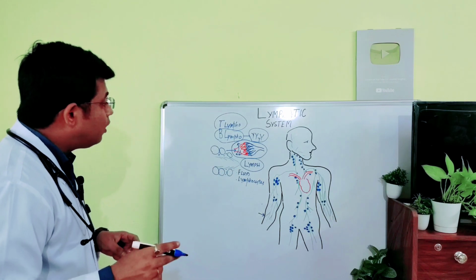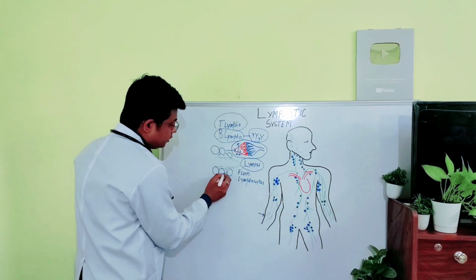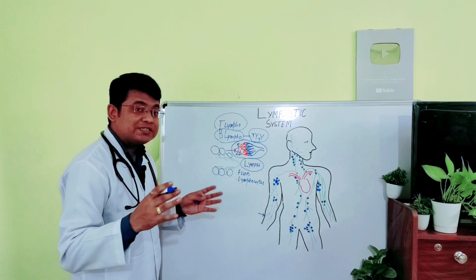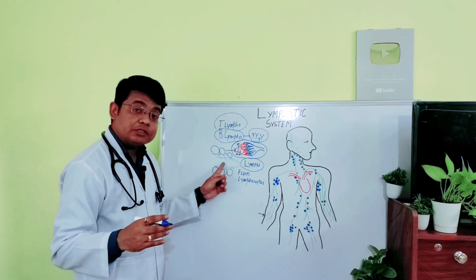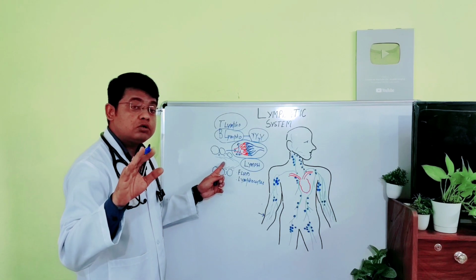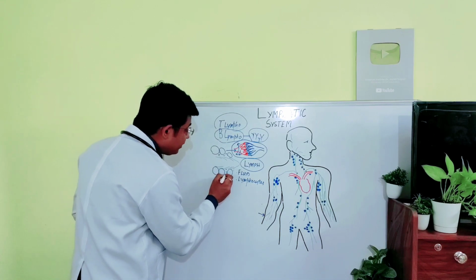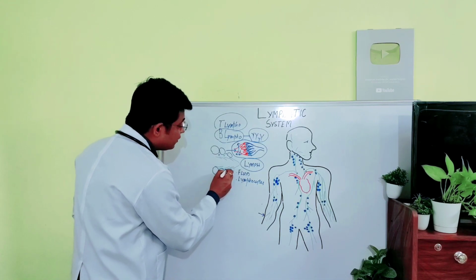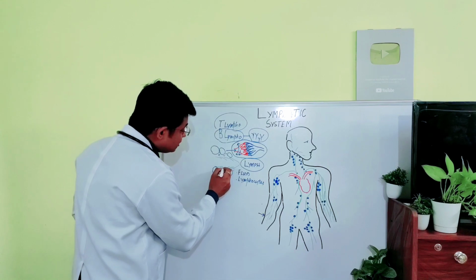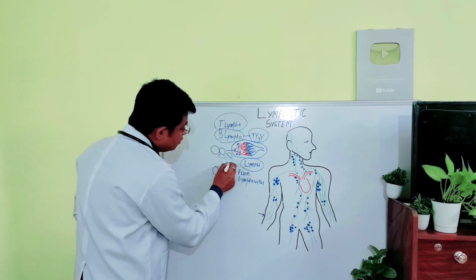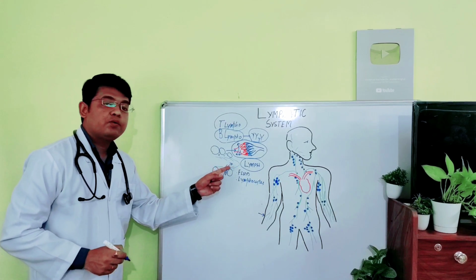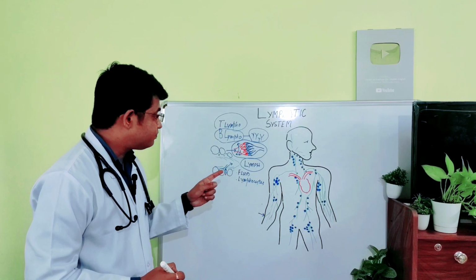Now when the pressure in the extracellular spaces is more than the internal pressure, that means there is a larger amount of extracellular fluid, then this fluid creates a pressure on the vessel wall, and the vessel wall gradually makes spaces for the fluid to enter the lymphatic system.